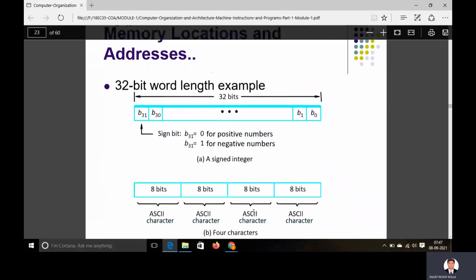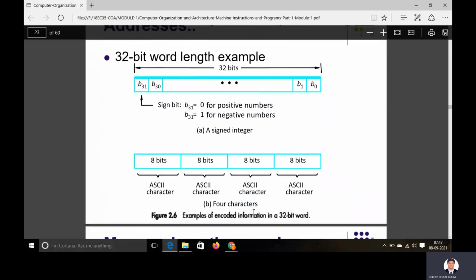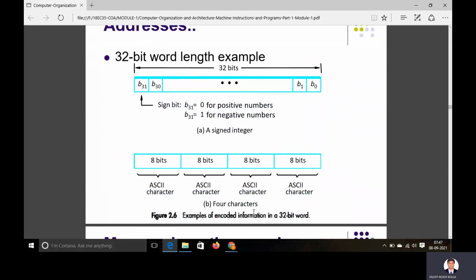And we have an example for encoding information, 32-bit information. We can also do that if you are trying to store a character. Before that, we are trying to see how to do a number. Because as we know already, in memory we can represent either a number or a character. In case it's a character, we have 8 bits, 8 bits, 8 bits, and 8 bits.